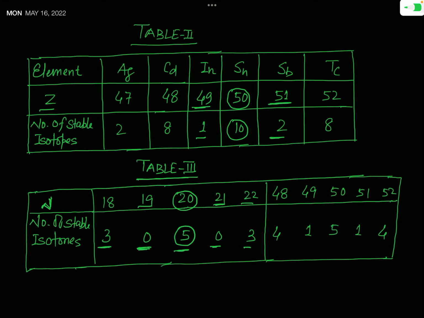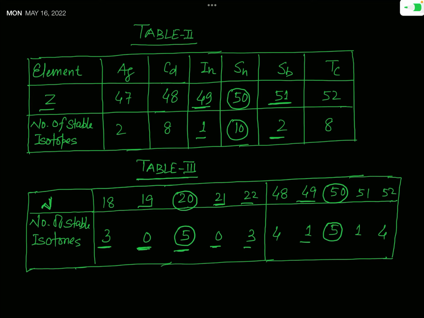Similarly, if we consider another magic nucleus in which the number of neutrons is 50, you can again see the number of stable isotones is 5. But if we consider the neighboring nucleus with 49 neutrons, the number of stable isotones is only 1.